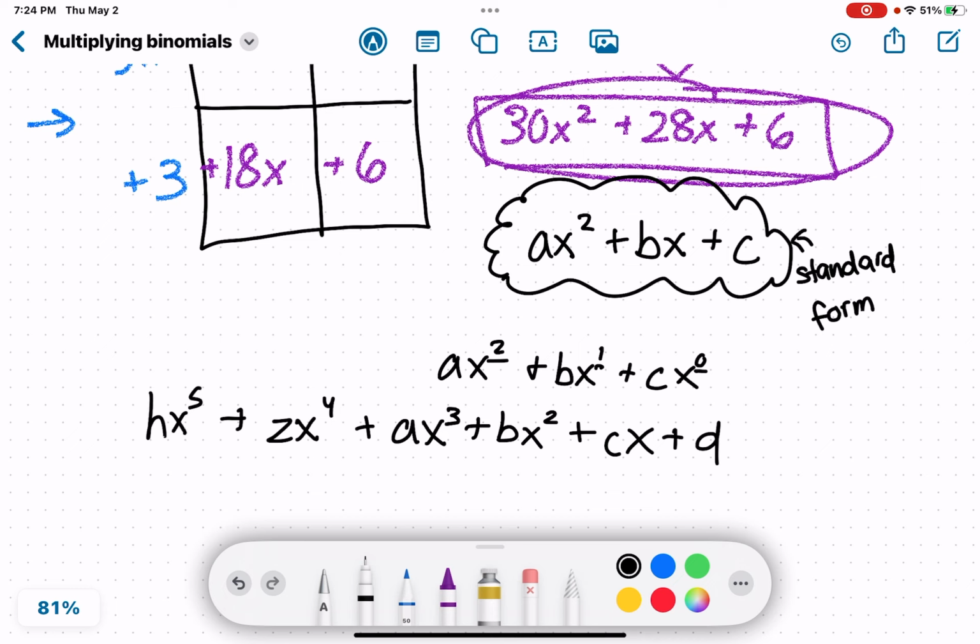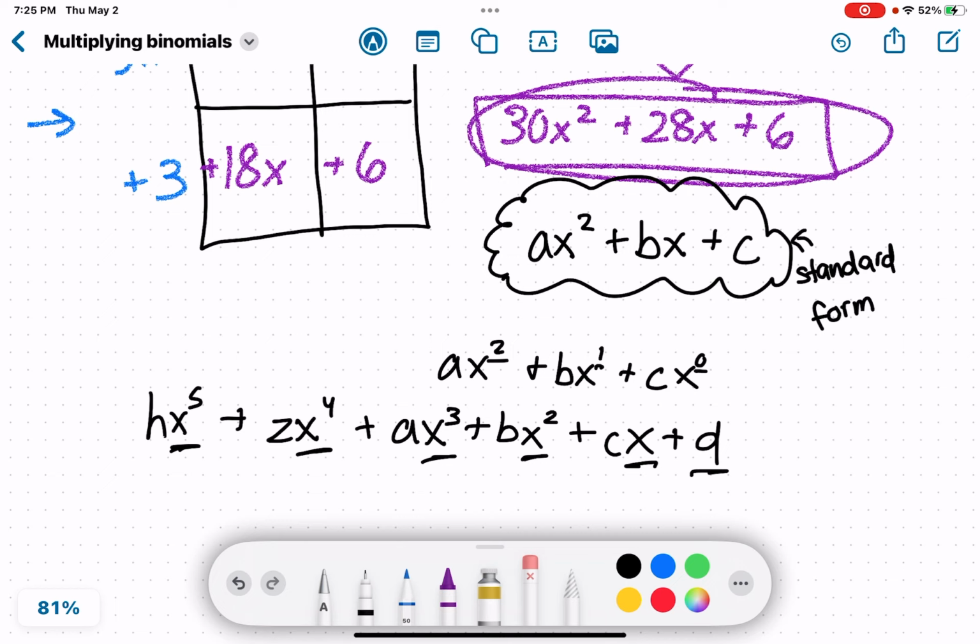You could have an endless amount of terms, but it's always important to have only one of each x power, because if you have two x squareds, that means you can consolidate them and simplify it even more. So until you have only one of each, your expression isn't entirely simplified. Just something to keep in mind, something very, very important.